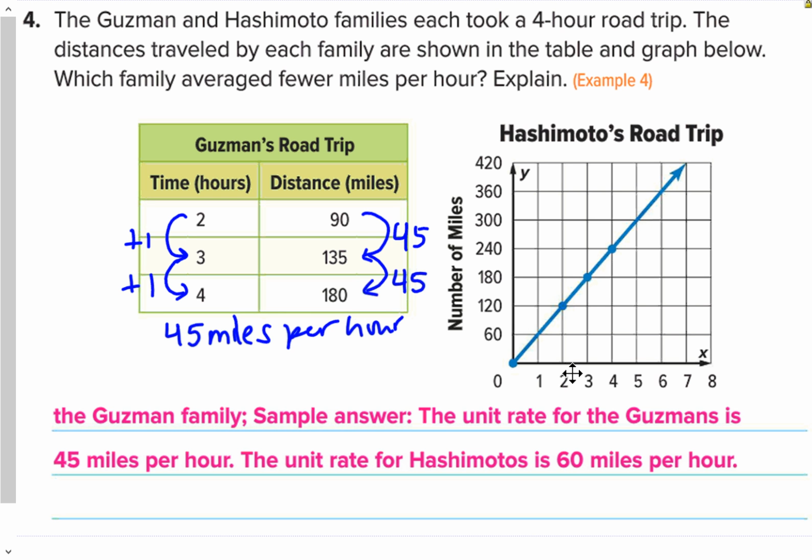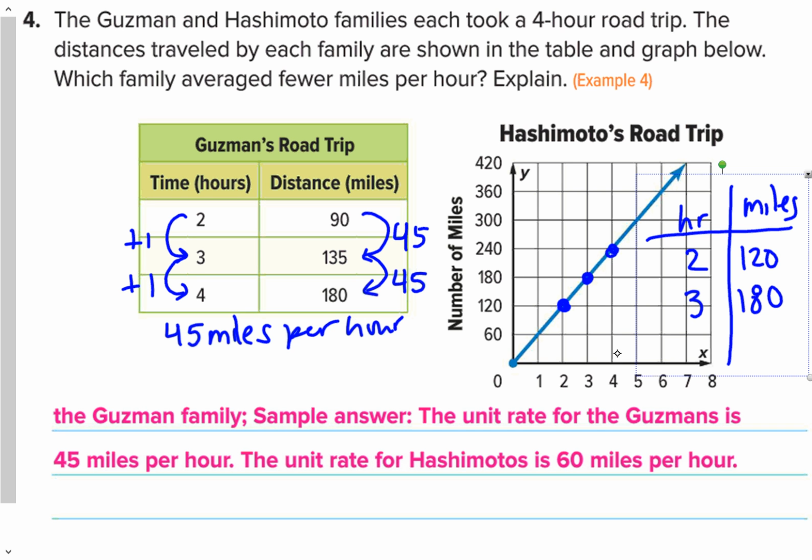And then here, this one's a little different, not too much different. Take a look at our dots here. Okay, we can make a little table if you want. I like to make the table so hours and miles. All right, so they have 2, 120, then they have 3, 180, and then they have 4, 240.